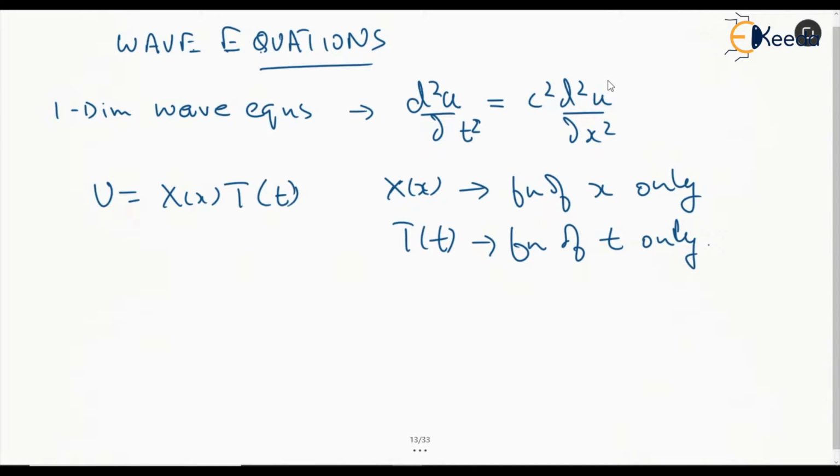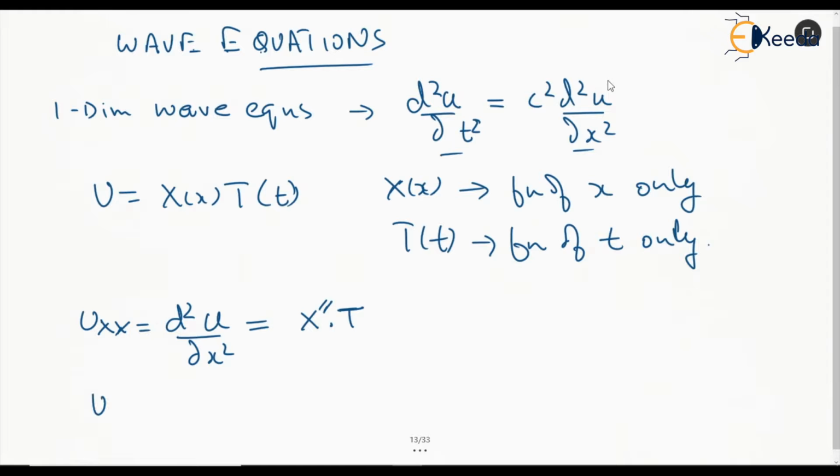Now we have the partial derivative of u in terms of t, the double derivative, and the partial derivative of u in terms of x. So u xx, which is d2u by dx square, will be simply X double dash into T, because T is independent of x, so it will be treated as constant while differentiating with respect to x.